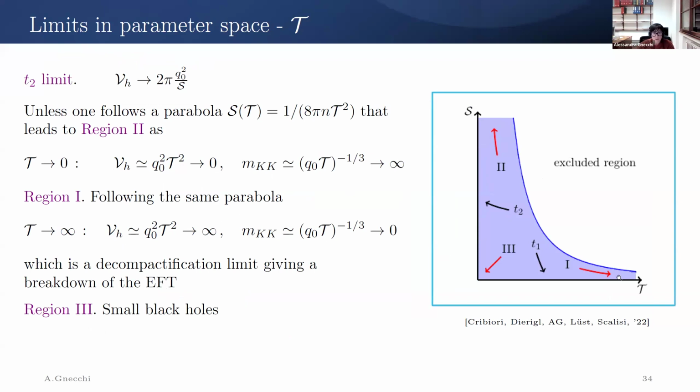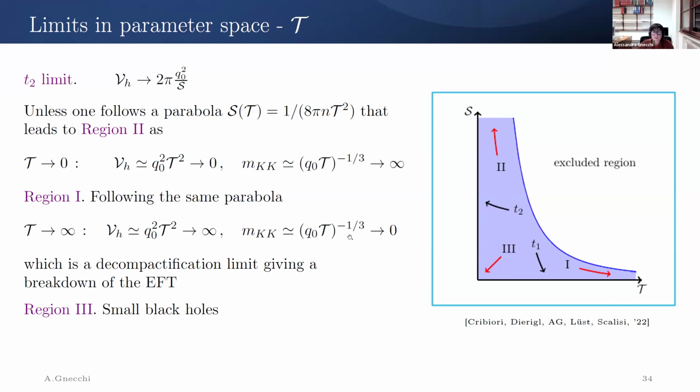In region 1, T goes to infinity. This is the same expression for this volume that depends on the scalar field, and this goes to infinity. So now the Kaluza-Klein modes become massless. So this is a relation between these phase space limits and the breakdown of our effective theory.